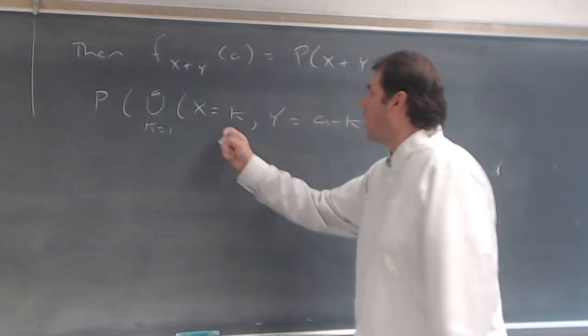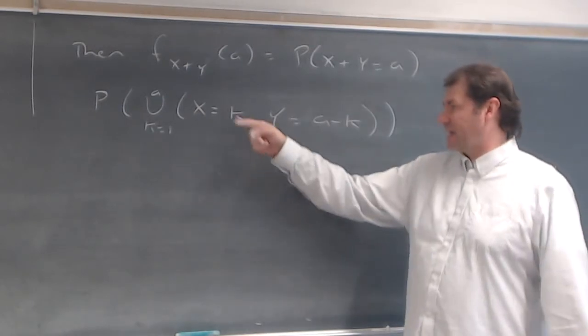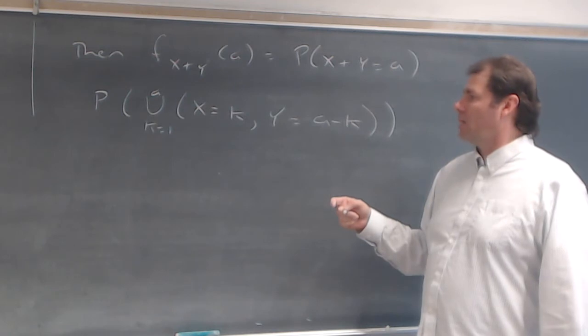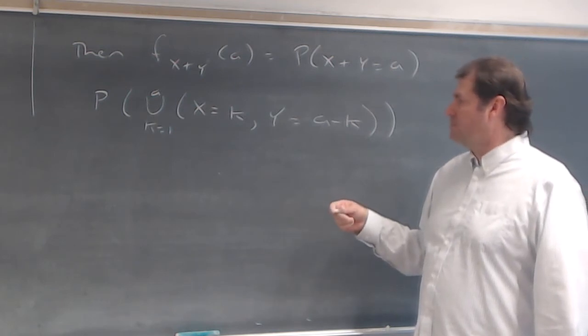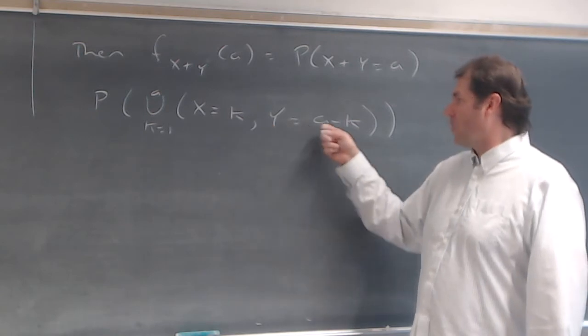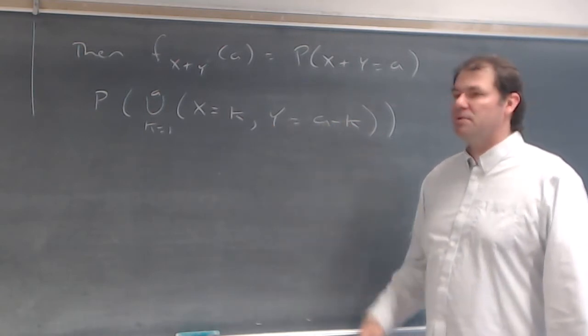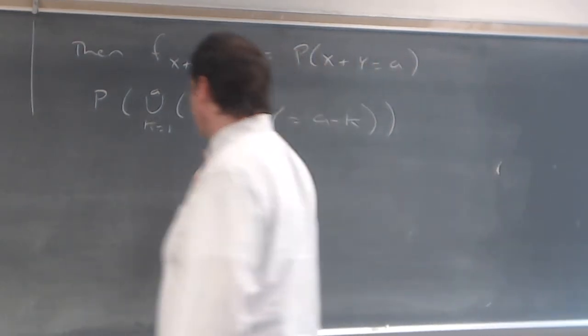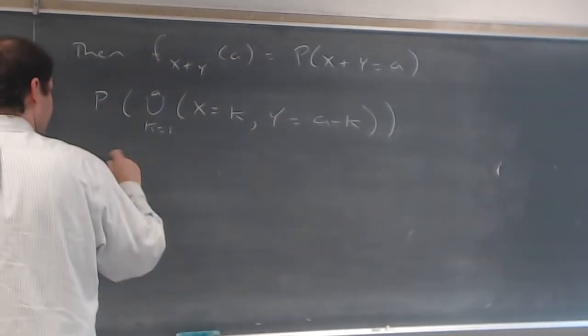And so, if you look at a particular k, let's say k equal to 3, when x is equal to 3 and y is equal to a minus 3, and you look at another k value, let's say when k is 4, x is equal to 4 and y is equal to a minus 4, those events can't happen simultaneously. So they're mutually exclusive events. And so we're uniting those up.